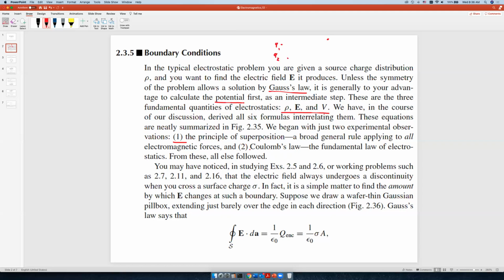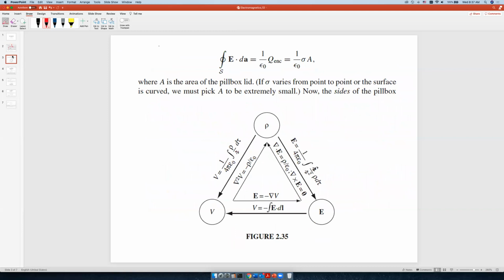This is the first rule. The second rule is Coulomb's law. You can always use Coulomb's law to calculate the electric field and electric potential. These are the two basic laws and the relationships among the three basic quantities.